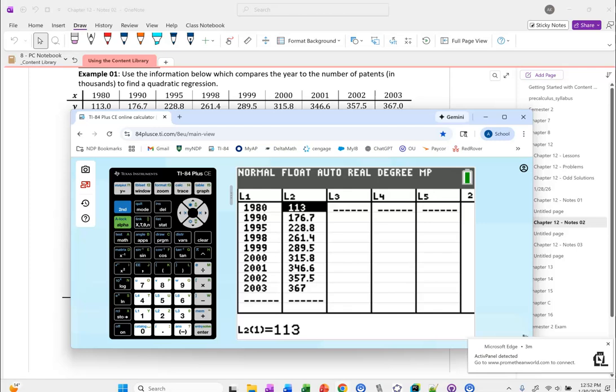So the cause and the effect. So we have the year and the number of patents issued. Seems like the number of patents should depend on the year, right? Everybody feel almost certainly time will always be your independent variable. I would be floored to find a situation where it would not be your independent variable.